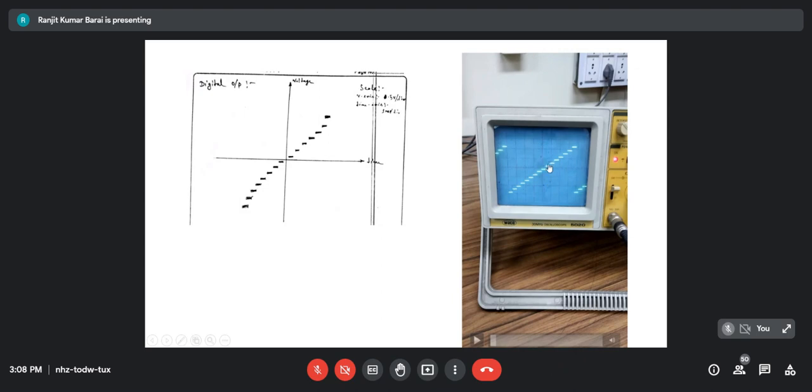Okay, so this horizontal portion is appearing just when the values are getting changed, due to the presence of the hold circuit, the sample and hold circuit. That is also called zero order hold. Why?